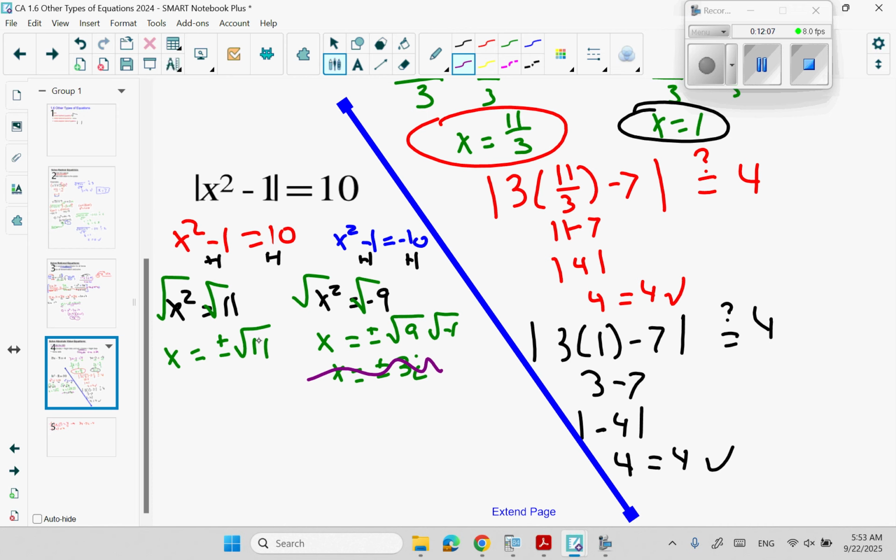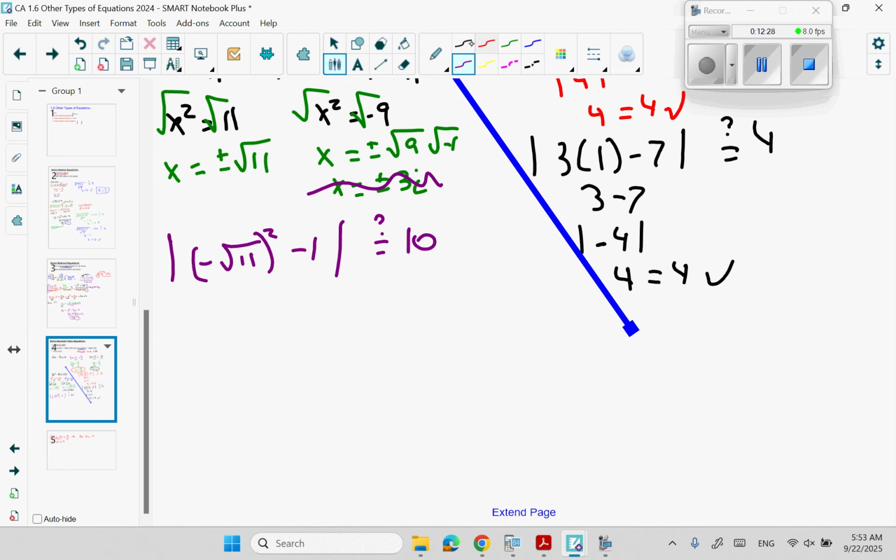So here I'm going to get positive and negative root 11 to test. So let's start with negative square root of 11. If I put negative square root of 11 in for x, so x squared minus 1, does it equal 10? Well, what's negative square root of 11 times negative square root of 11?